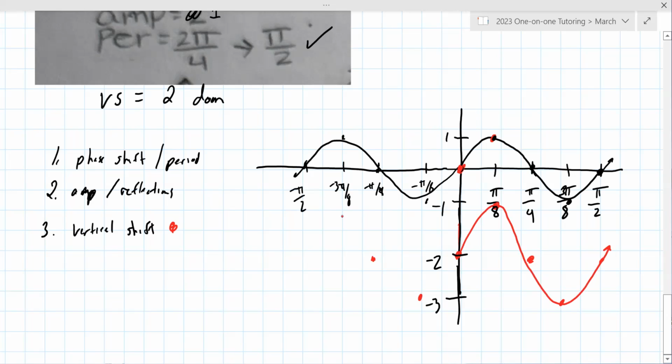Every single point, though, comes down 2. And notice I'm drawing the points before I try to connect them. That could also help here. This one is down 2. You have to graph it in this order. Even if you try to graph it all at once, you still have to do it in this order.